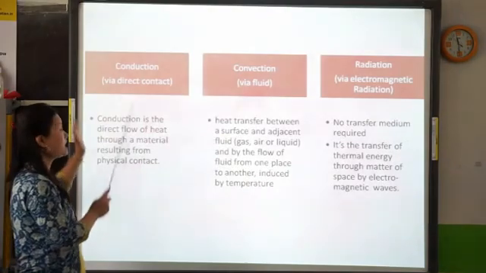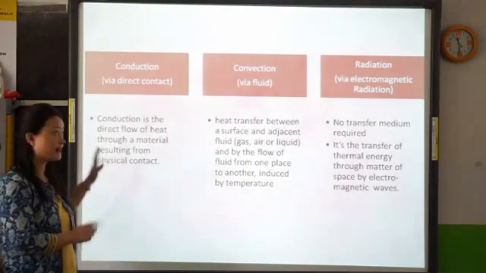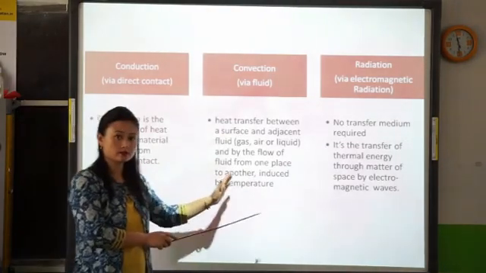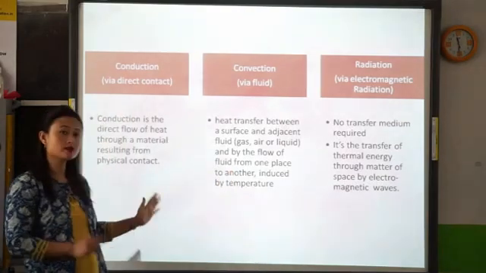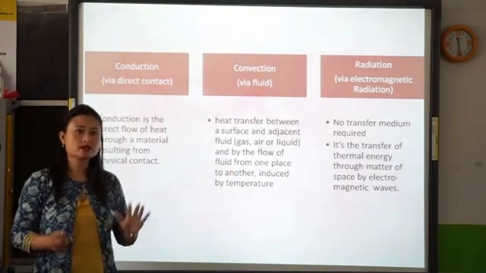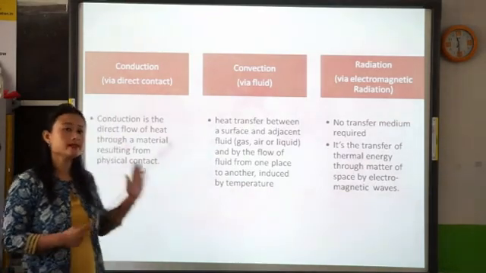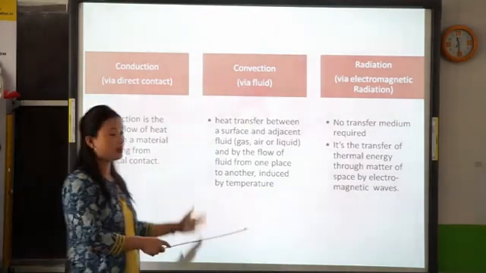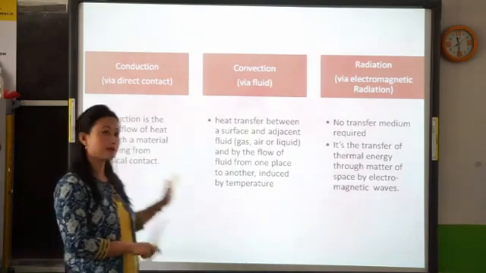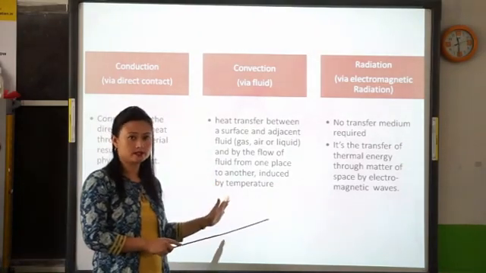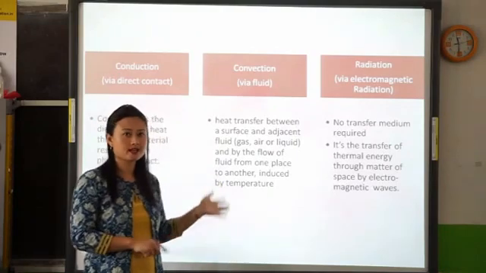Conduction is through direct contact. Conduction takes place in solids, liquids, and gases, but conduction is mostly faster in solids. Convection, on the other hand, takes place only in fluids, that is liquids and gases.